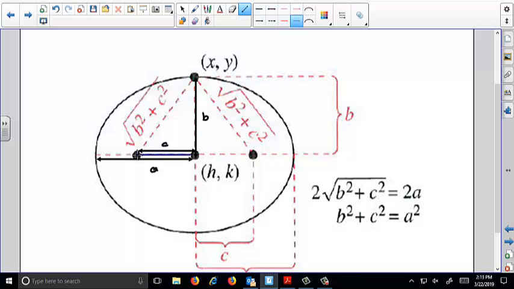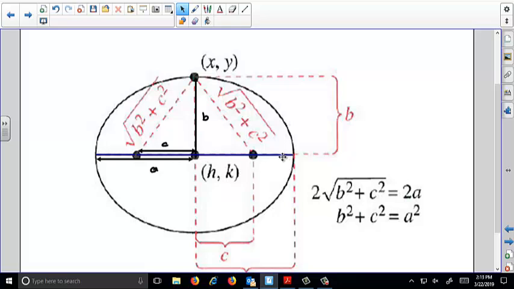So the string would go here, and then it would go back like that. And if I take that distance, all the way to here, and add this little bit that comes back, because of symmetry, that little bit that comes back is the same as this length. So this returning length can kind of go over there, and you can see that.